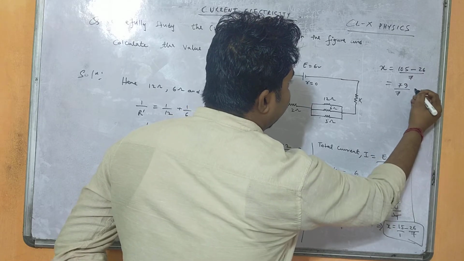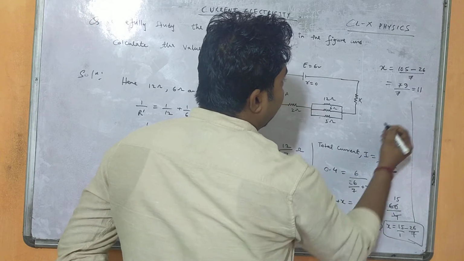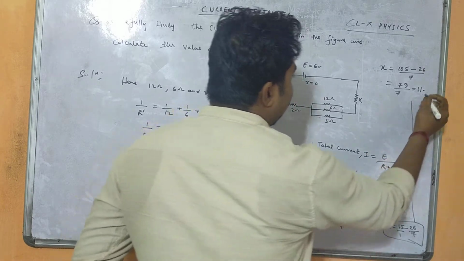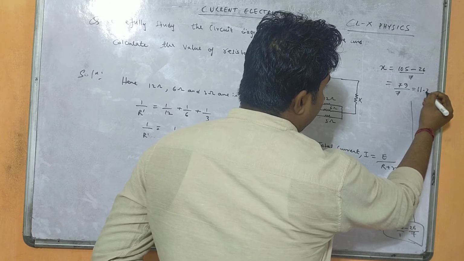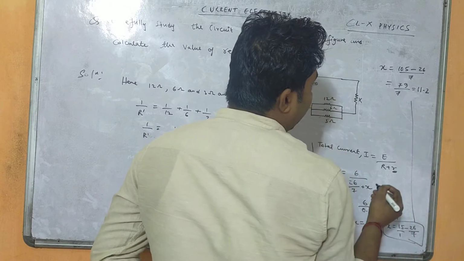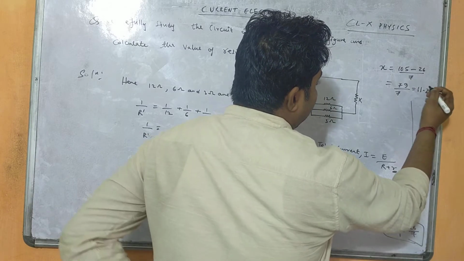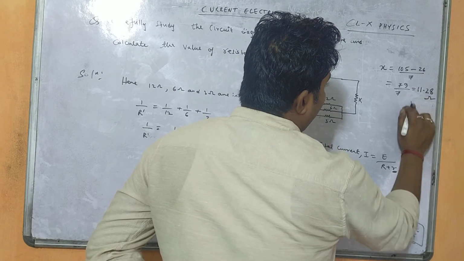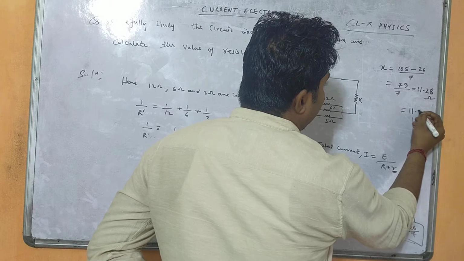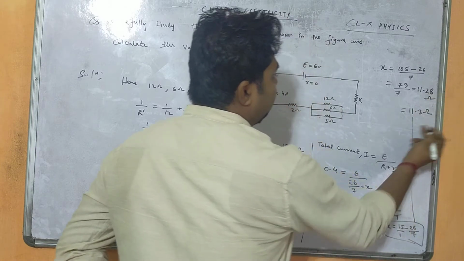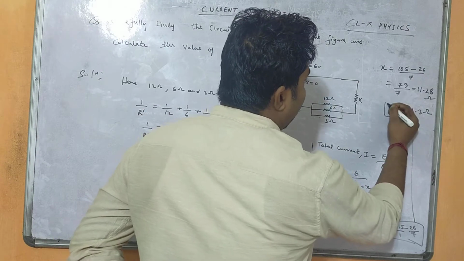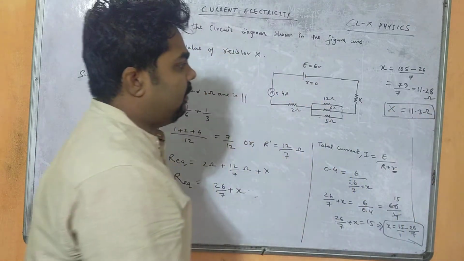Now when we divide this, 11 sevens are 77, remainder 2, and so on, or this can be written as 11.3 ohm if we round off. So this is our answer: the value of X is 11.3 ohm.